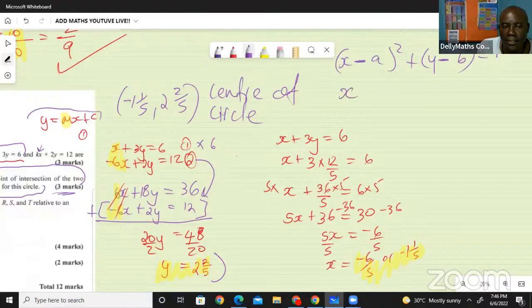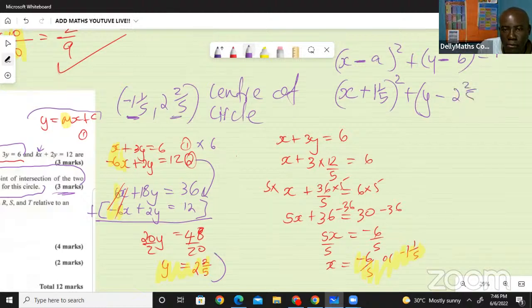So now we have x, and then this value here is negative. So it's like we'll have a double negative. You could just write the positive if you want. You don't have to overkill anything. So it becomes x plus 1 1/5 squared, plus y, and then this value was a positive, so it's going to be a negative 2 2/5, squared.